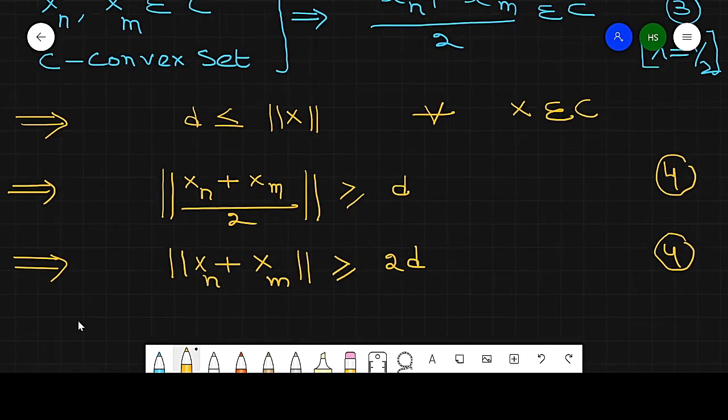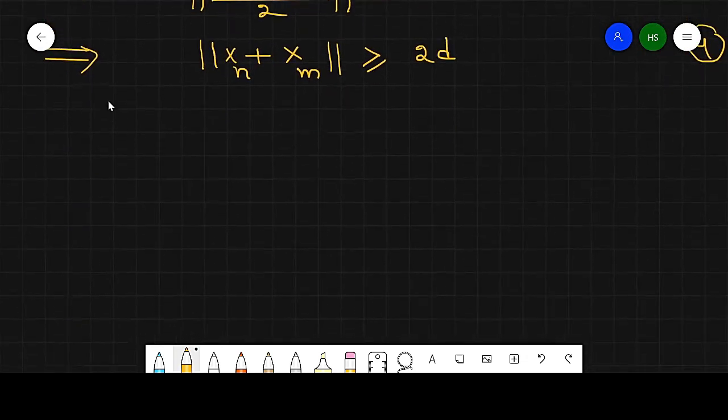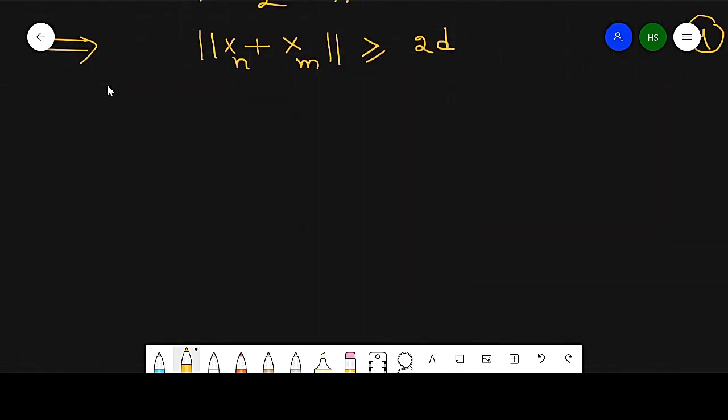Now in the Hilbert space, we know that the parallelogram law holds. So what is the parallelogram law?